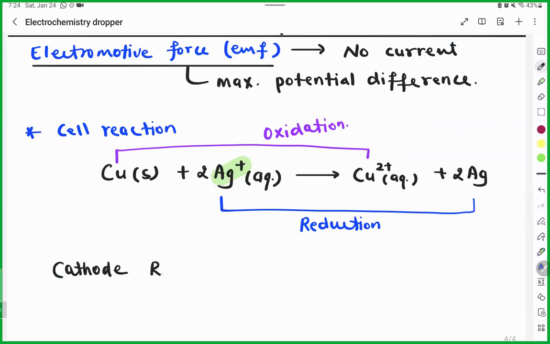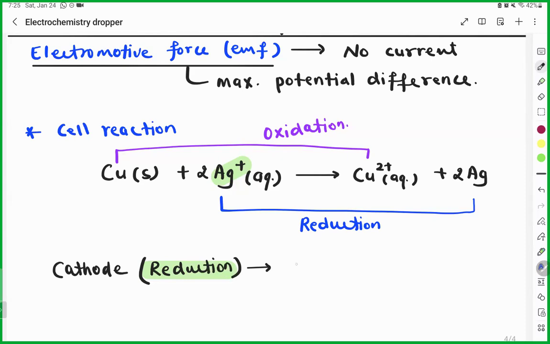Cathode is reduction, and this is universal whether you take an electrolytic cell or a galvanic cell. So if this is the situation, Chandana, what will be the reaction at cathode if you consider copper and silver? Cathode has reduction; out of copper and silver, which will undergo reduction? Sir, silver.